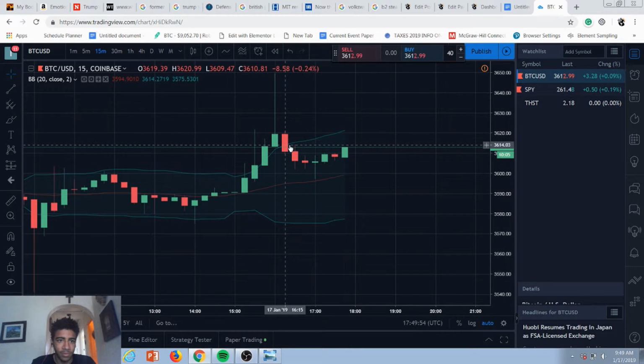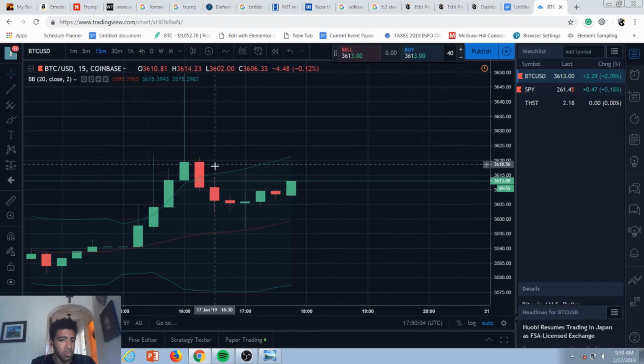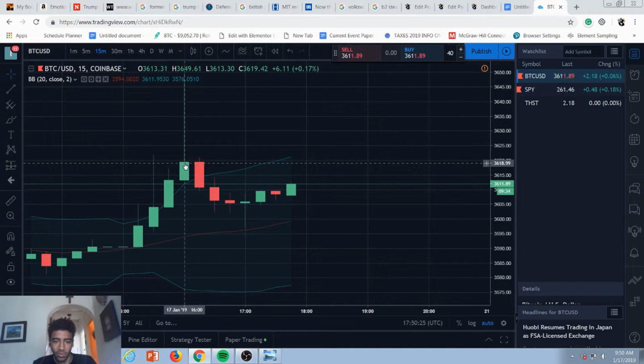If we come to the chart and we're looking at the 15-minute, we can see right here that the price on this red candlestick, it opened up at 3,619 just after this green candlestick closed at 3,619. So this red candlestick opened up where this green candlestick closed.